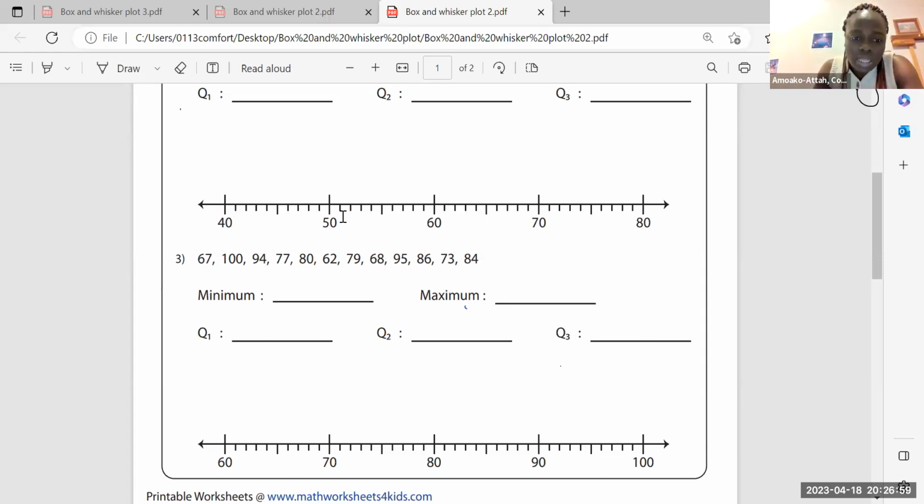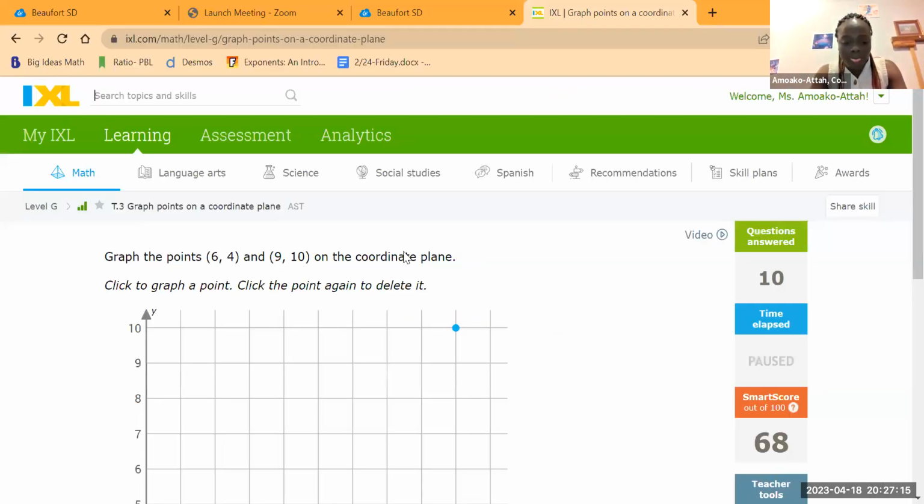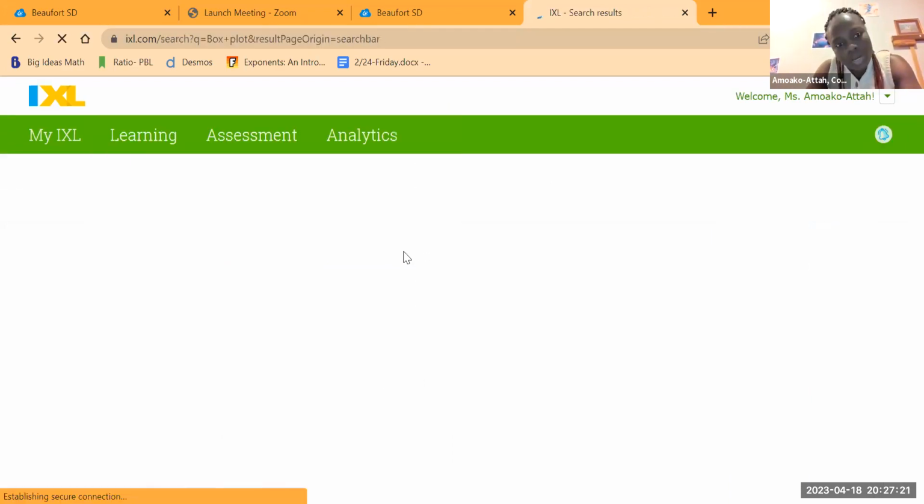So with this one, let me practice 1 or 2 skills with you on Excel. Skills on box plot. That is one interesting thing on this software.